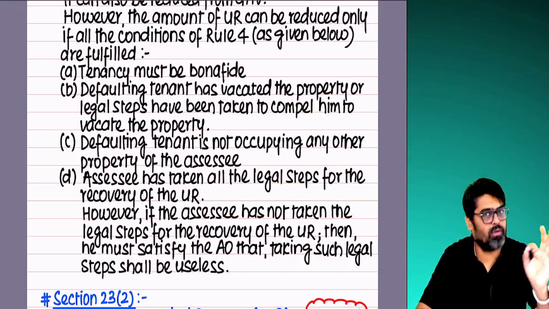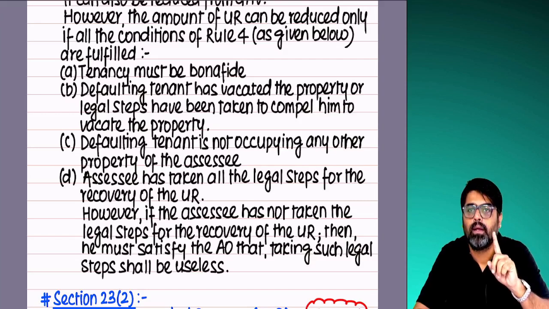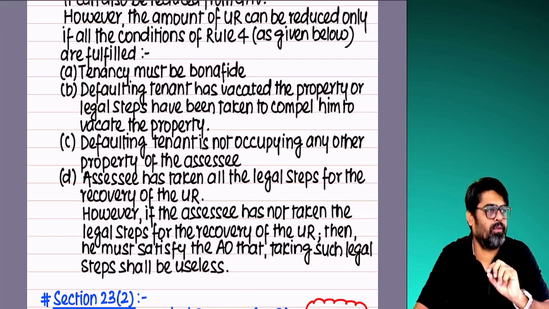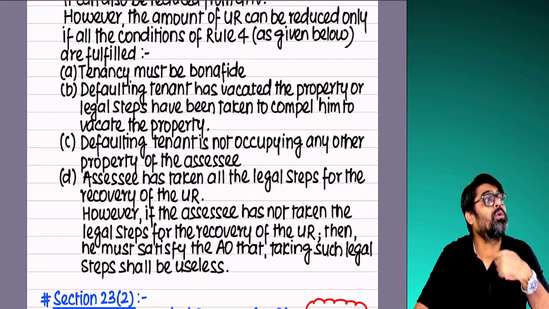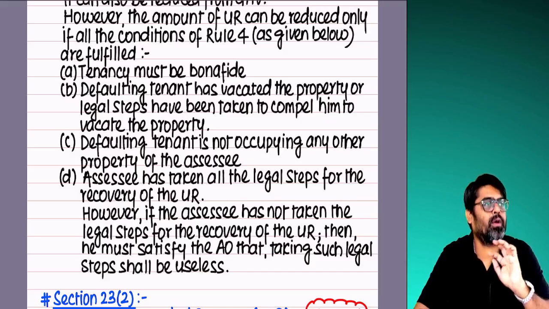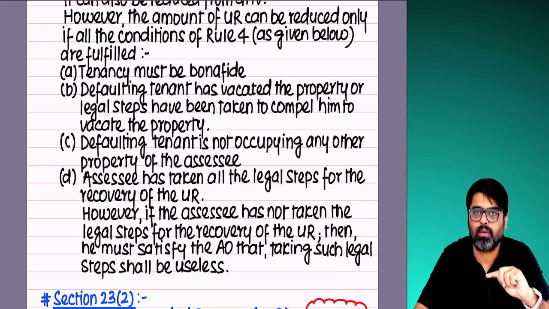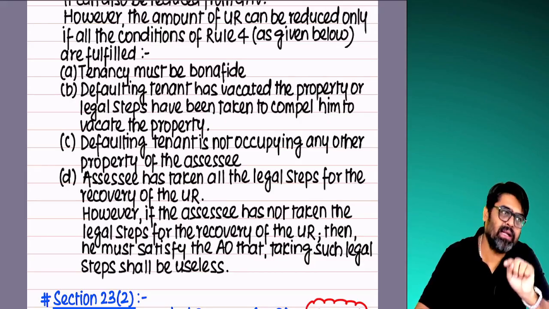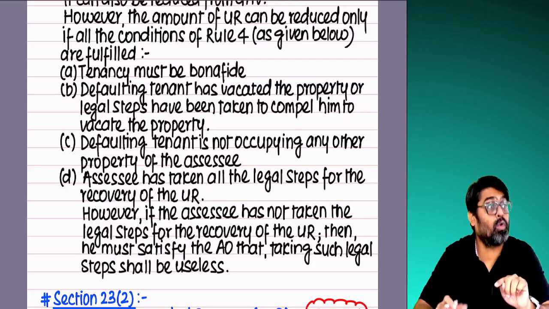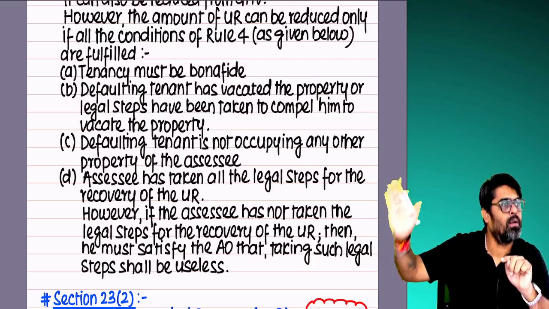If he has not vacated the property, you should take all the legal steps to compel him to vacate. Number 2, either the defaulting tenant has vacated your property or legal steps have been taken by you to compel him to vacate your property.